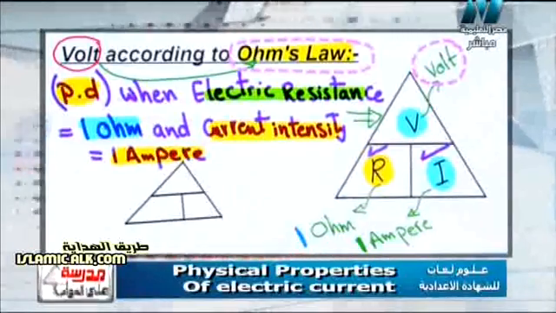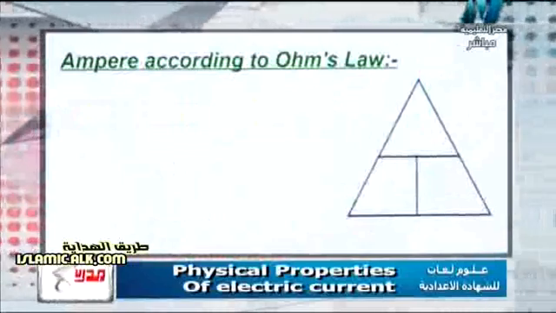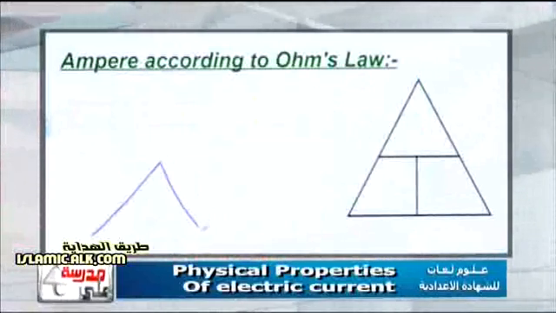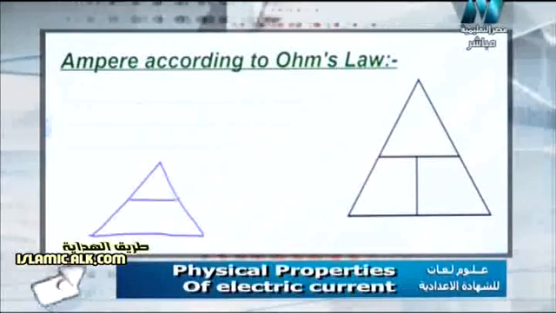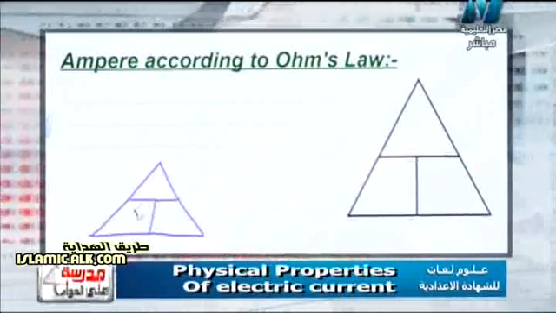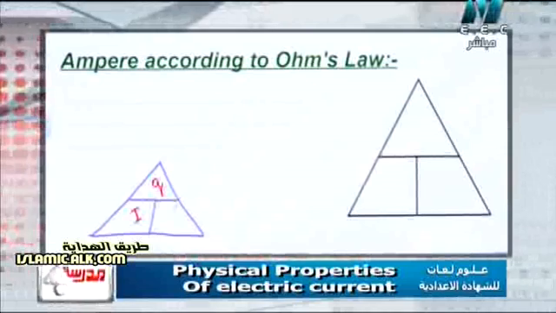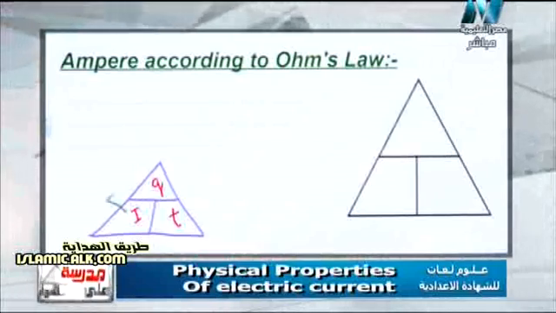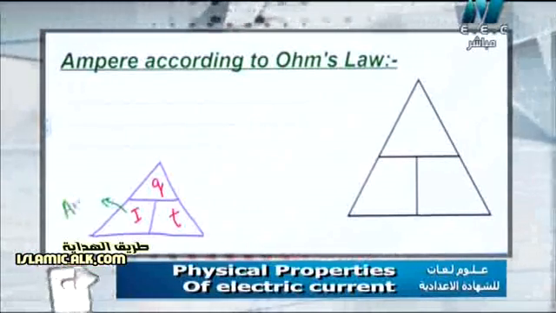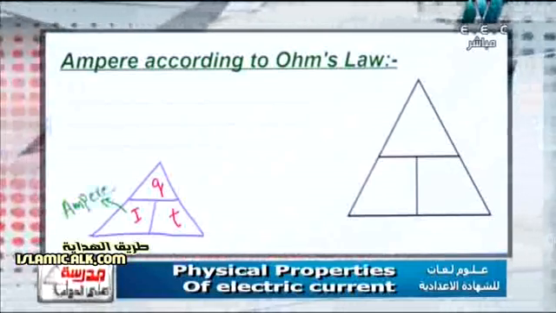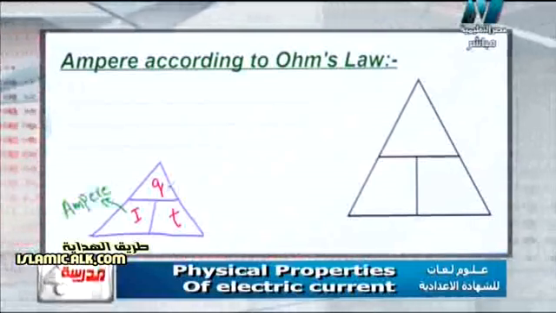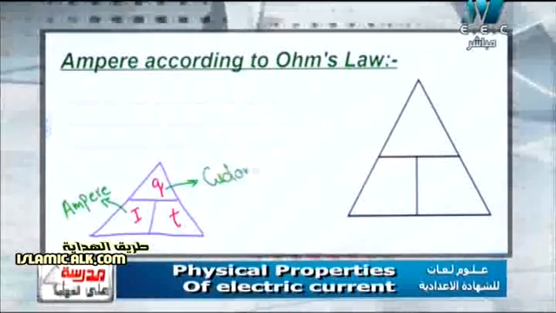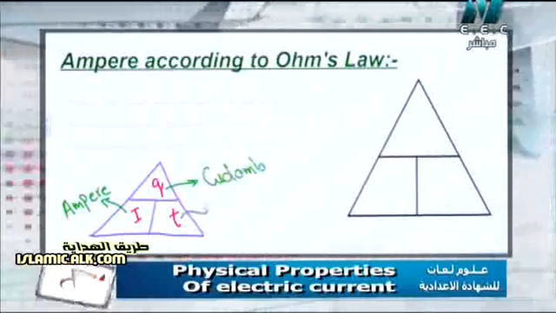Also, we can define ampere according to Ohm's law. We know ampere from the previous episode: I equals Q over T. I, the electric current intensity, its measuring unit is ampere, and Q, the quantity of electric charge, its measuring unit is coulomb, and time's measuring unit is second.